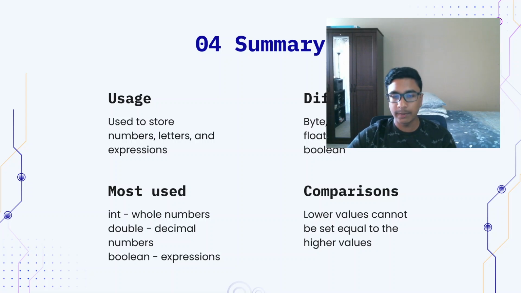Int is used for whole numbers, and this is because int has a lower memory storage but can store a large variety of numbers. Double is very useful because it's the only primitive data type that can store decimals. Booleans are unique in primitive data types since they can store true or false values or expressions. Comparisons: lower values cannot be set equal to higher values, meaning if a value has a higher memory storage, it cannot be set to one with a lower memory storage.